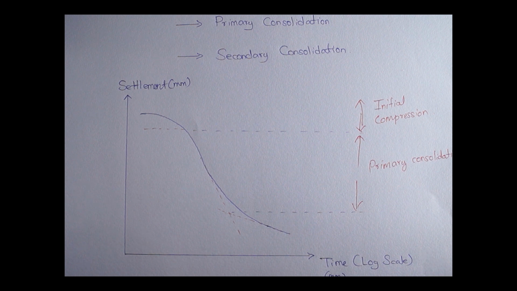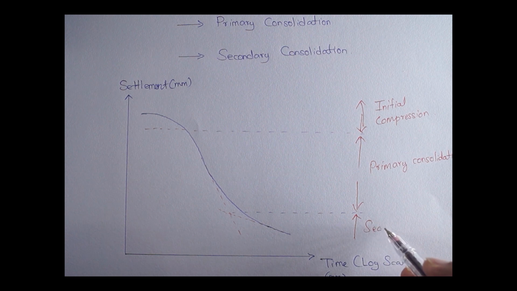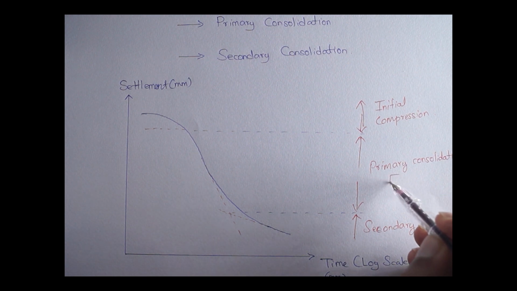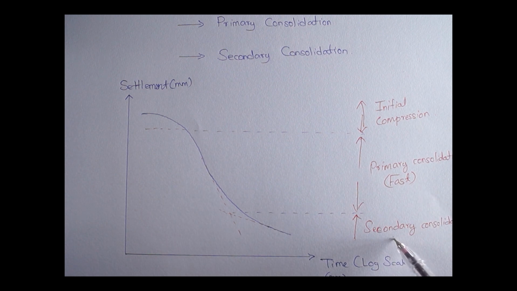So once the primary consolidation process is almost over, the secondary consolidation process starts, which is below this line, where the soil matrix gets rearranged and the soil settles furthermore. But comparatively, primary consolidation is a fast process than the secondary compression, which is a much slower process.